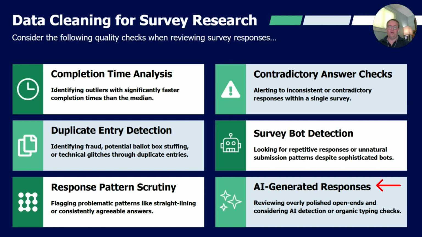But really what you're looking for here is responses that seem too good or too polished or too thorough. That's always a red flag, especially as you compare it to other responses within the survey. It's more and more common, and it's definitely becoming a bigger issue, so certainly something to keep an eye out for as you review survey data.